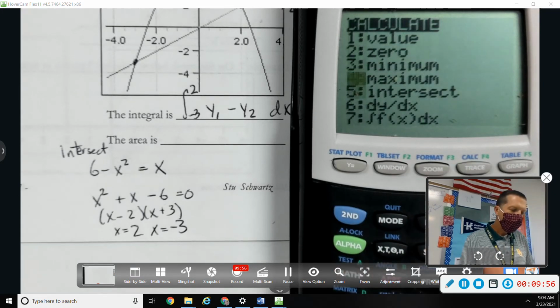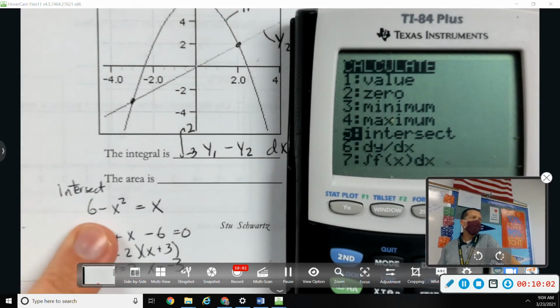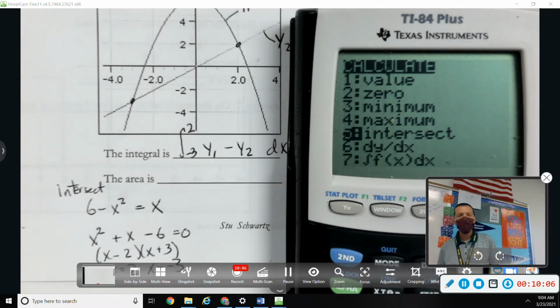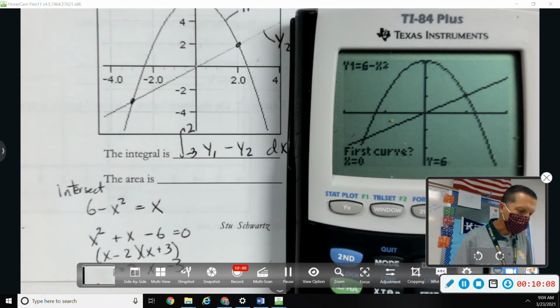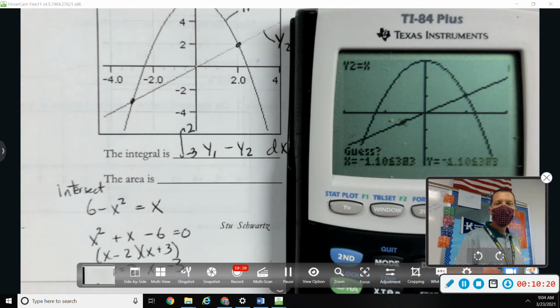Second calc, intersect. I don't know if you've used it before. This one was easy, but if you get two weird equations that you can't algebraically make work, then you let the calculator handle it. First curve. So it walks you through. What do you want for the first curve? Y1 or Y2? Well, it doesn't matter as long as you pick a different one for the second curve. Guess. Well, go get close to one of the intersections.